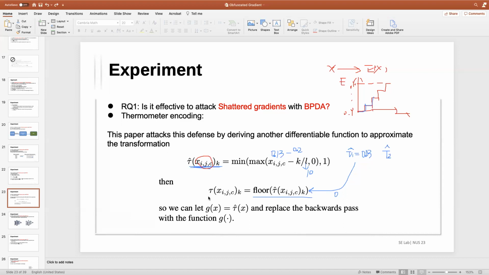It's after applying the floor function. So tau is the result of the floor function applied to tau hat. Okay. But I didn't see how the continuous can work. How does applying this make the discrete value continuous?